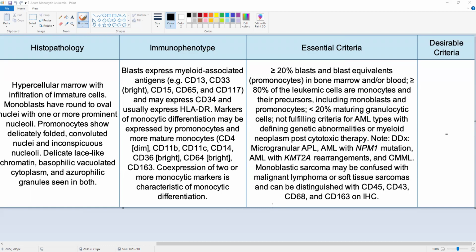When it goes into the tissue, it can cause monoblastic sarcoma, and this may be confused with malignant lymphoma or soft tissue sarcomas and can be distinguished with CD45, CD43, CD68, and CD163 staining on immunohistochemistry.